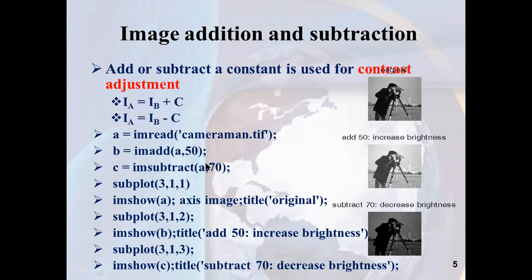Now, if we subtract 70 from the original image, it means the values become lower and the image becomes darker. So this is the effect of adding a constant or subtracting a constant from the image. We just increase or decrease the brightness, which means that we decrease the darkness or increase the darkness.